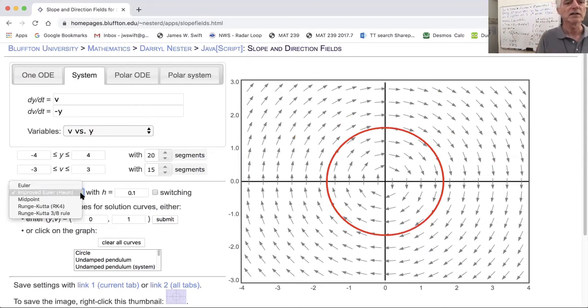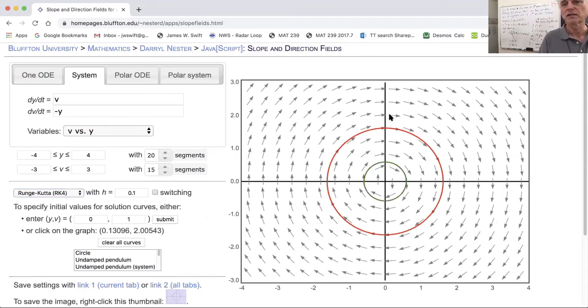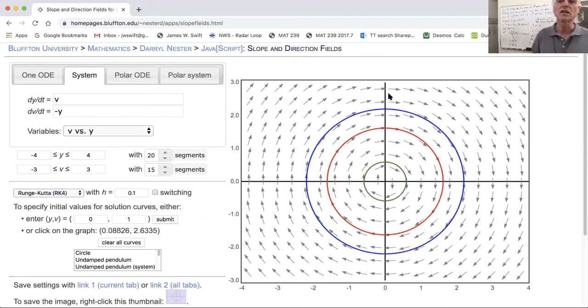In fact, there's Runge-Kutta 4, that's sort of our go-to method. When you use Runge-Kutta 4, you see all of these solutions go around in circles, moving through this phase plane in the clockwise direction.